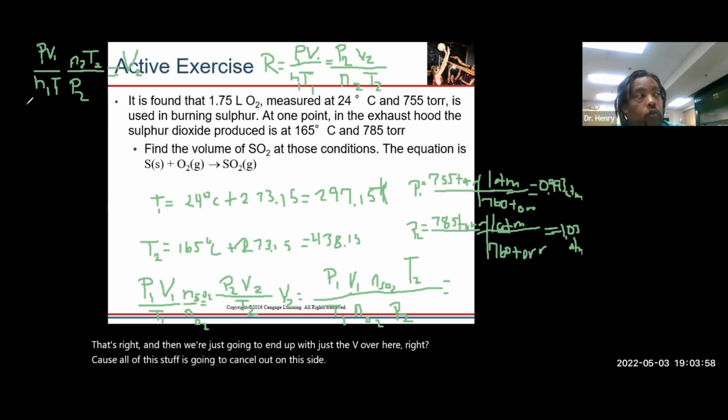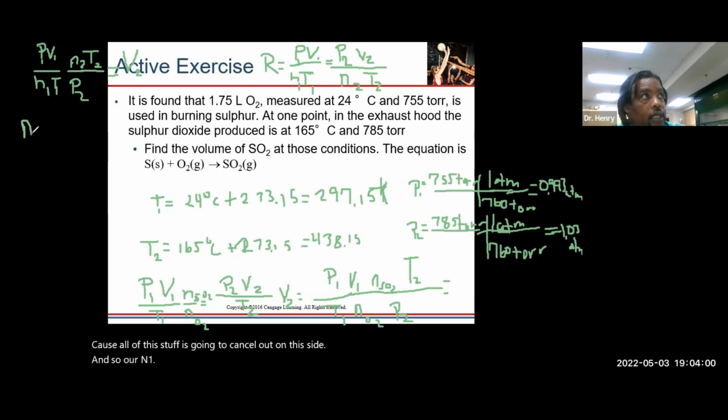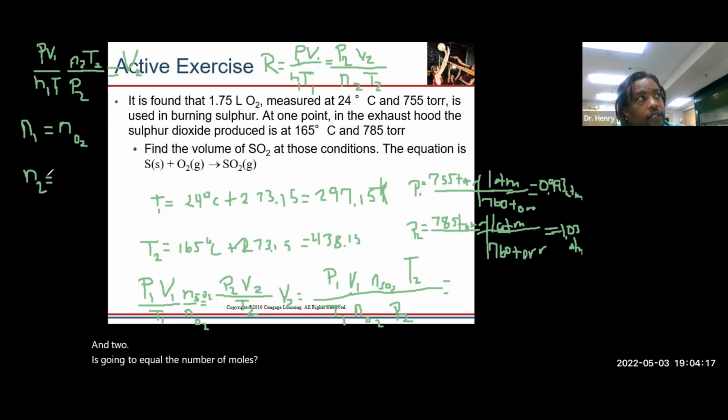And so our N1 is just going to equal the number of moles of oxygen, O2. Our N2 is going to equal the number of moles of sulfur dioxide. Okay, so we need that mole-to-mole ratio.